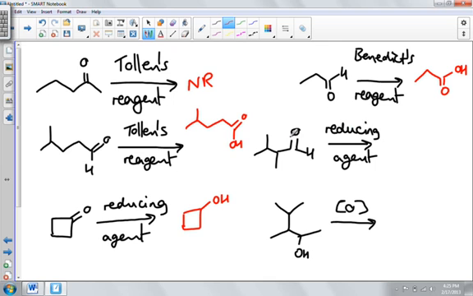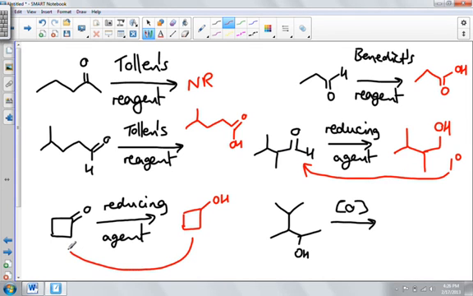We have a reducing agent, the aldehyde gets reduced, write the structure out again, and all you got to do is put the OH where the C double bond O was, and that is your primary alcohol. Alright? So just as primary alcohols can be oxidized to aldehydes, aldehydes can be reduced to primary alcohols. Just as secondary alcohols can be oxidized to ketones, ketones can be reduced to secondary alcohols.